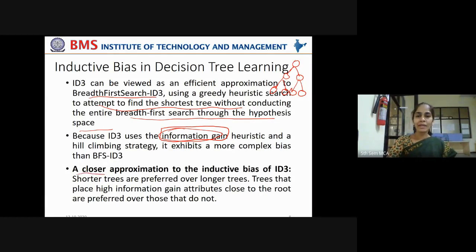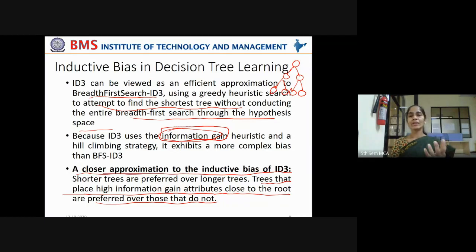Now, what is the better approximation to the inductive bias of ID3? Shorter trees are preferred over longer trees. That is the general approximation, general assumption. What is the further assumption? Trees that place high information gain attributes close to the root are preferred over those that do not. That means you are also making another assumption that information gain is an important measure to find out the split point.